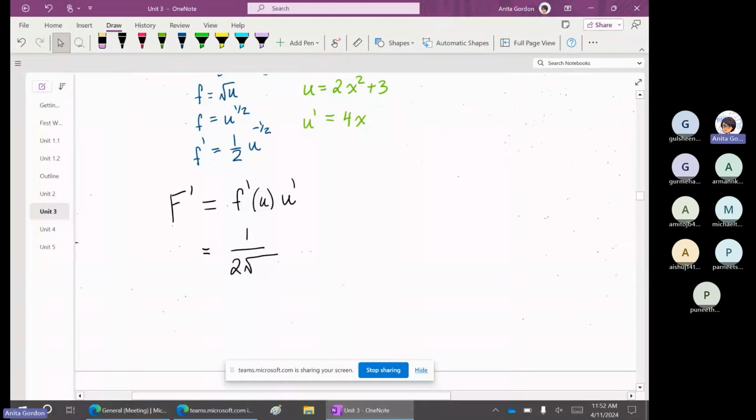So I just need to put u in here, 2x squared plus 3. Multiplied by u prime, 4x. And simplify where you can. This is 2x over the square root of 2x squared plus 3.